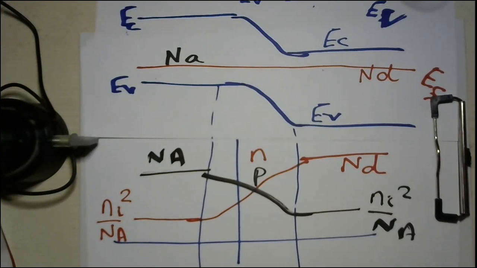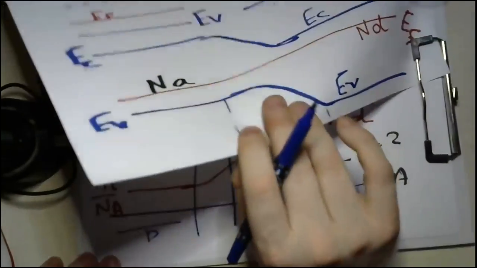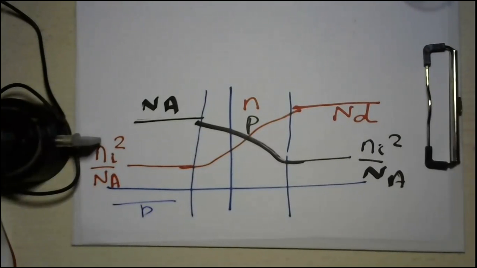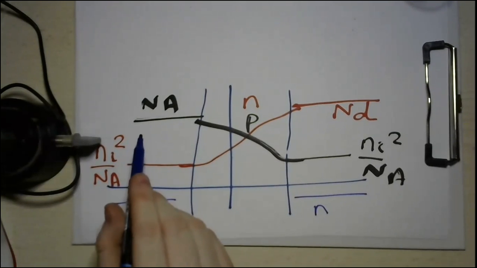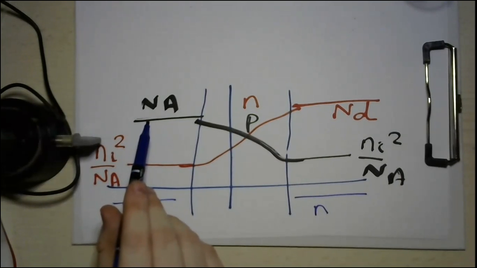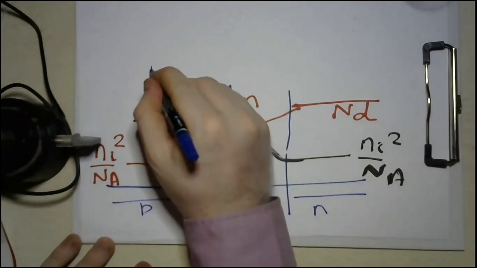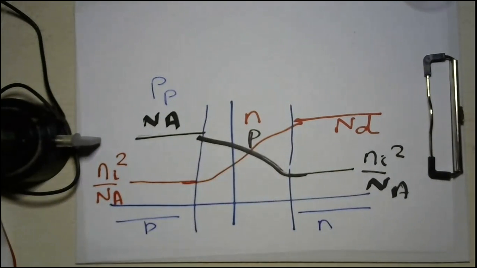For example, this is a P region, and this is the N region. When I would like to call the holes in the P region, I will call it p sub p.